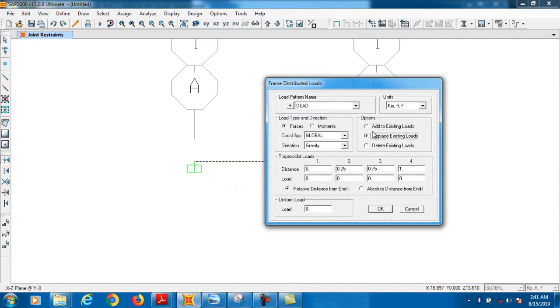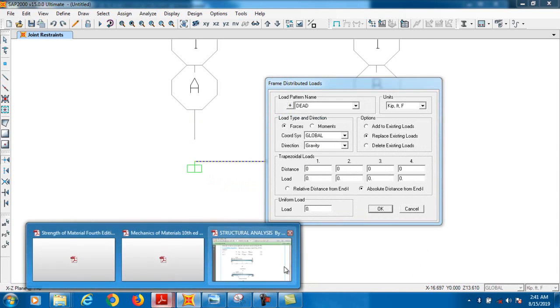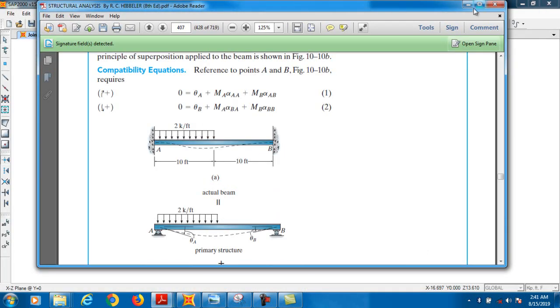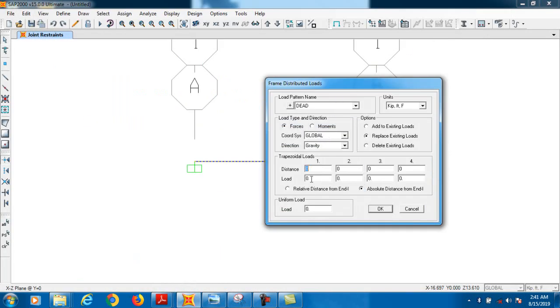The gravity direction is okay, and here at 0 you have a loading intensity of 2 kip per foot, and at a distance of 10 feet you have an intensity of 2, and then at a distance of 10 feet you have 0.